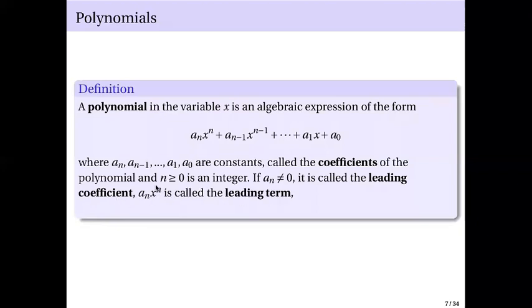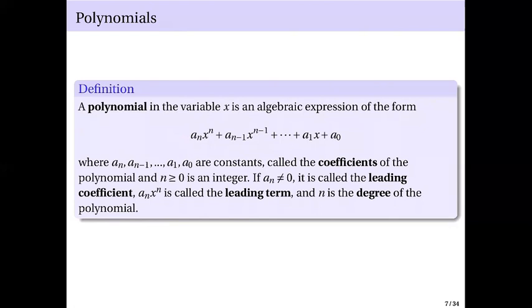And then this a_n x to the power n is called the leading term. Also, the n, this exponent here, is called the degree of the polynomial. So the highest degree that you see in the expression is called the degree of the polynomial. Okay?